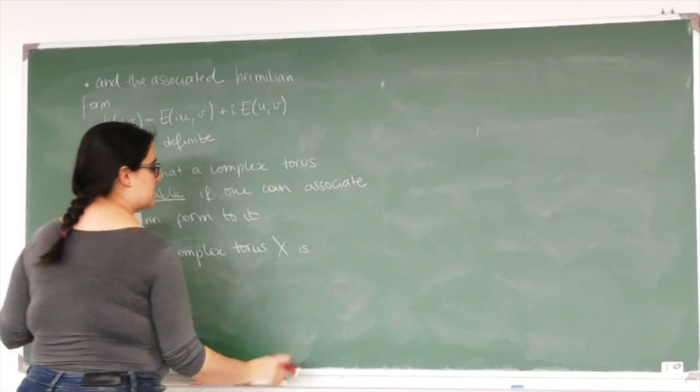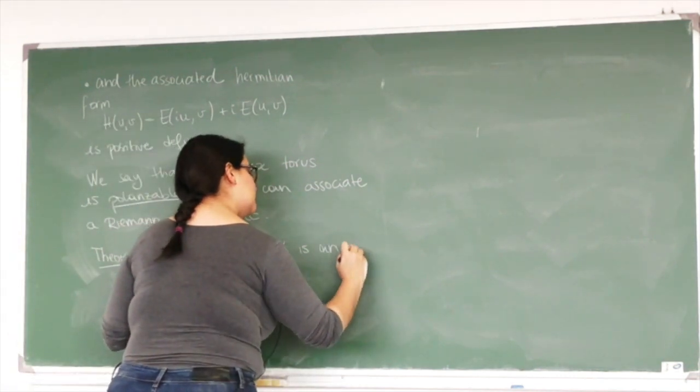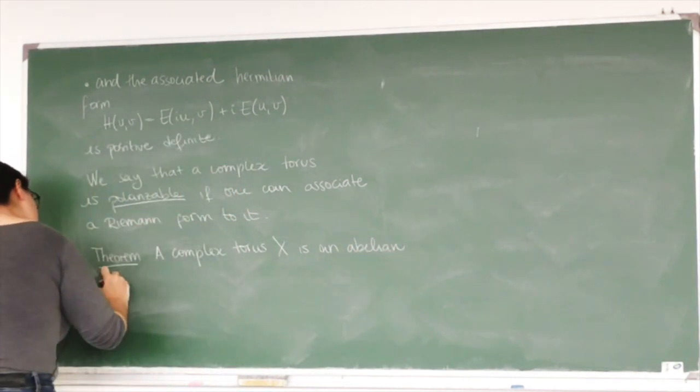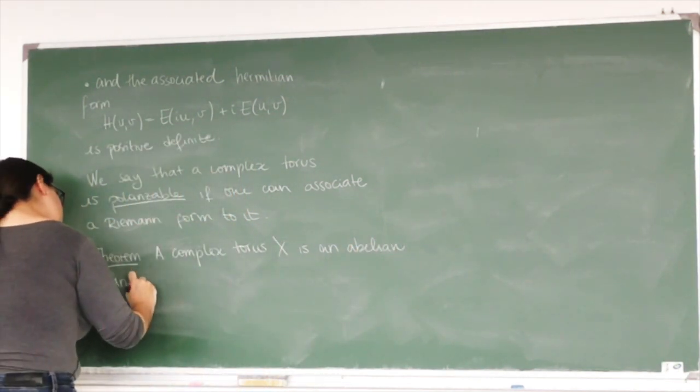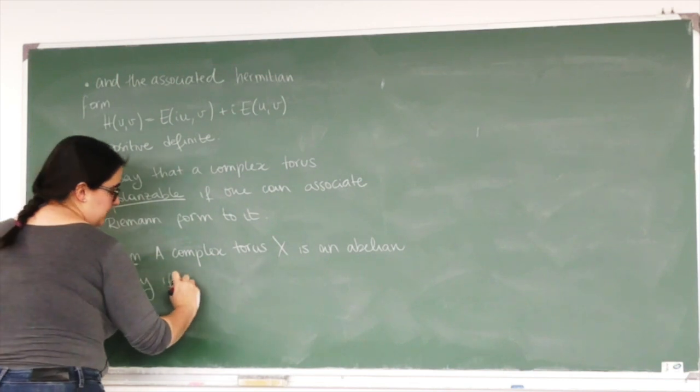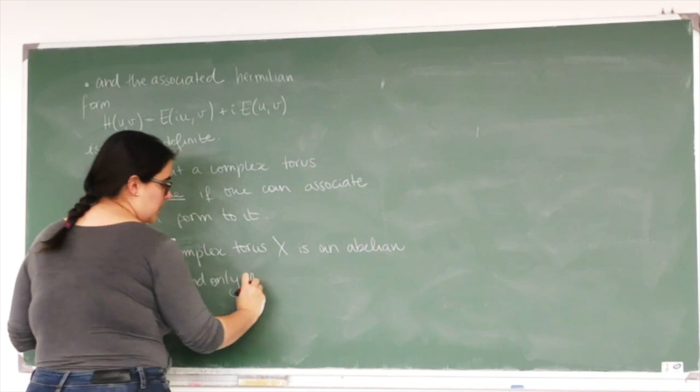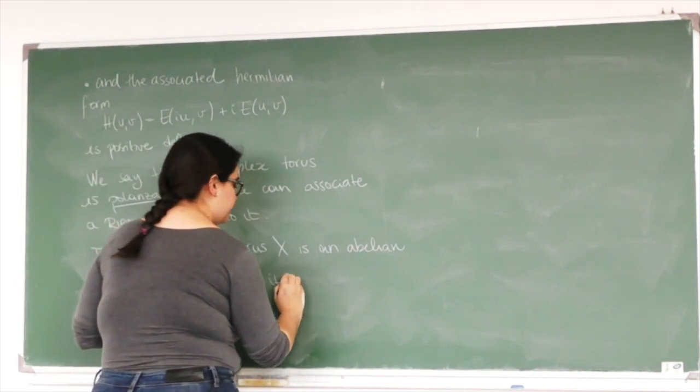A complex torus X is an abelian variety if and only if it is polarizable.